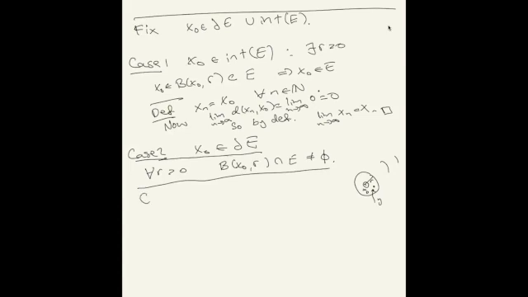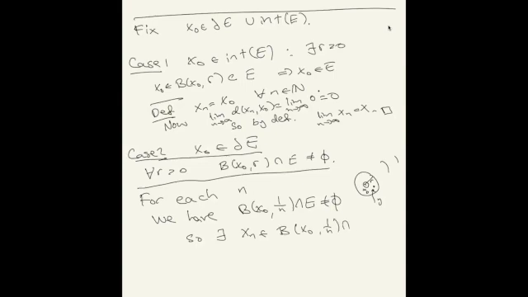So for each n, we have, by assumption, that B(x0, 1/n) intersect E is not empty. So there exists an xn that is contained in B(x0, 1/n) intersect E.